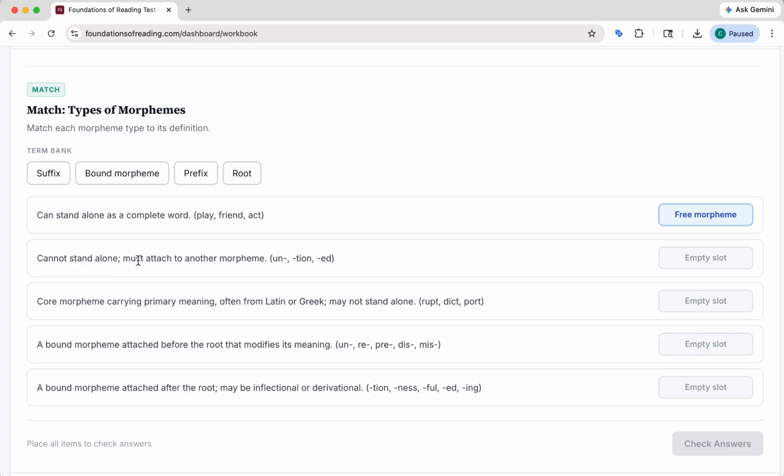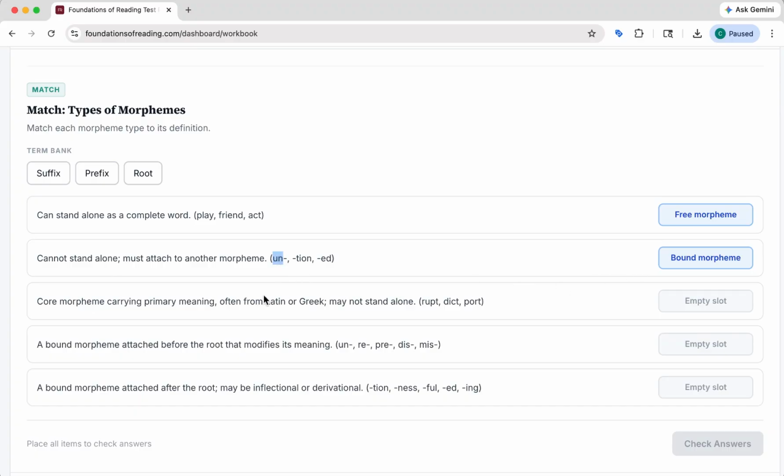All right, so cannot stand alone. That's a bound morpheme. So if we have play, that's a free morpheme. But if we have playful, the -full, F-U-L-L, needs something. Again, if we had happy, happy stands alone, but unhappy, the un-, cannot.